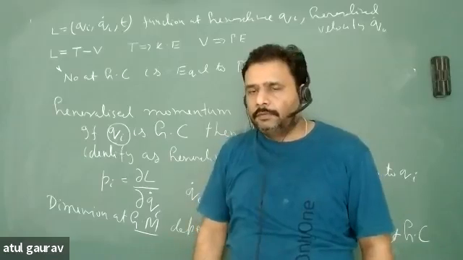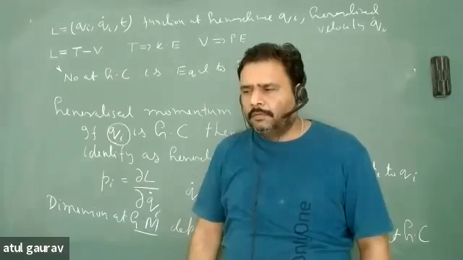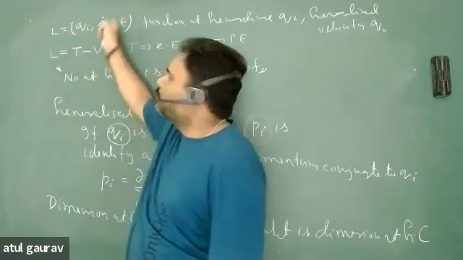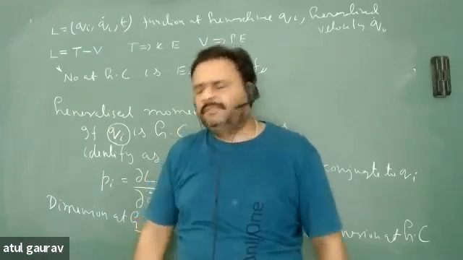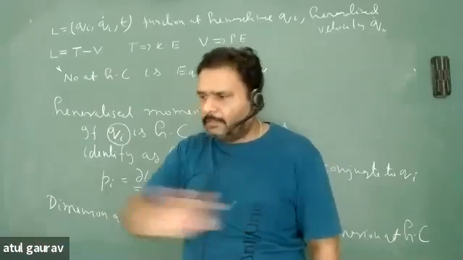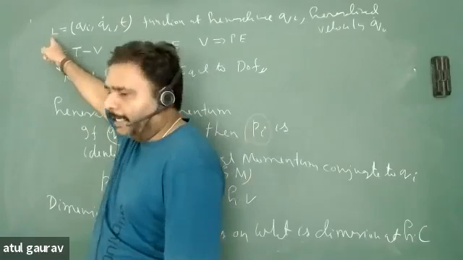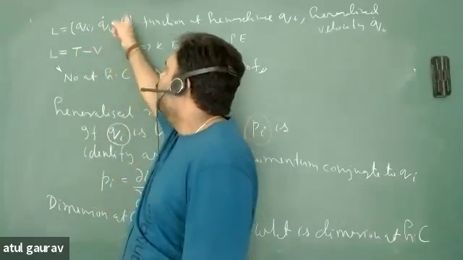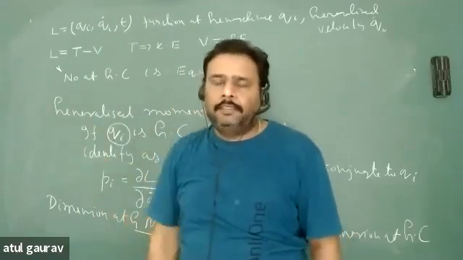No, sir, I am just confirming, because if we take the derivative with respect to time, this is all about the Lagrangian. This is not a generalized coordinate. Yes, sir, this may be a function of time. Oh, come on. You are wasting your time and the whole class's time. What I am saying is that the Lagrangian is a function of generalized coordinate, generalized velocity, and may be a function of time. Have I said that time is a generalized coordinate?